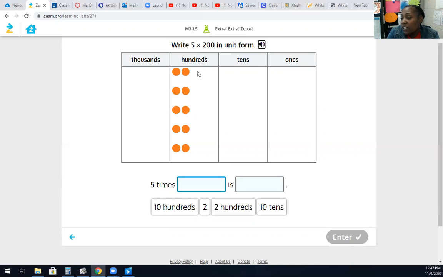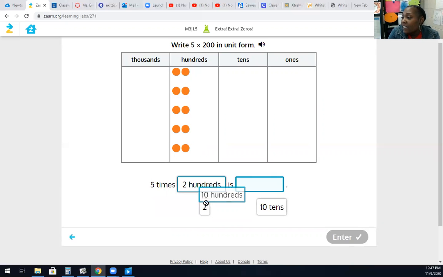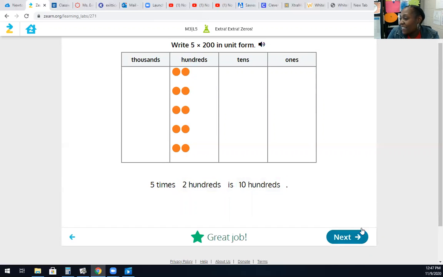I really just need to count how many place value discs I have in this unit form. So this is 2, 4, 6, 8, 10. So I could put 5 times 200 is 10 hundreds. You see that? Let's see if Miss Everett got it right. I did.